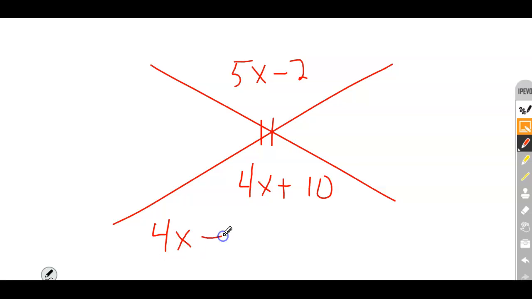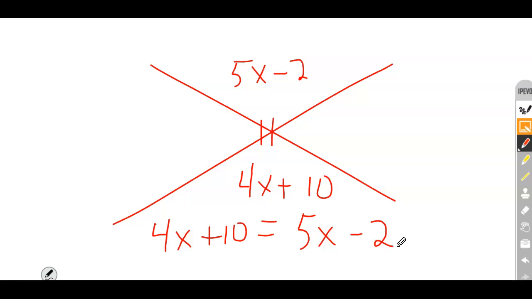So I'm going to go 4x plus 10 equals 5x minus 2. Okay, I have variables on both sides. We've never talked about that, have we? I can't combine them because I would be moving across the equal sign, so I can't put them together normally.